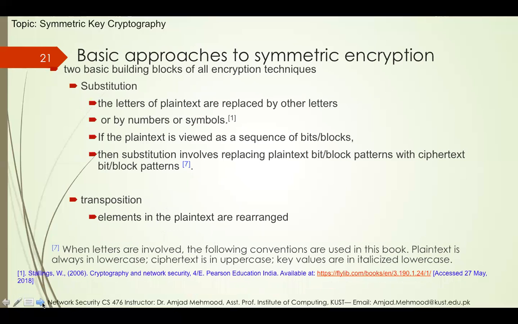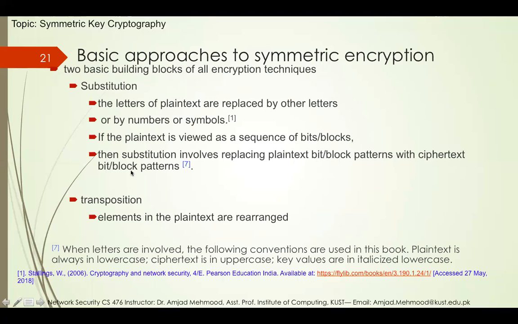Now, basic approaches to symmetric encryption. There are two basic building blocks of all encryption techniques: substitution and transposition. In substitution, the letters of a plain text are replaced by other letters or by other symbols. If the plain text is viewed as a sequence of bits or bytes, then substitution involves replacing the plain text bit or block pattern with the cipher bit or block pattern.